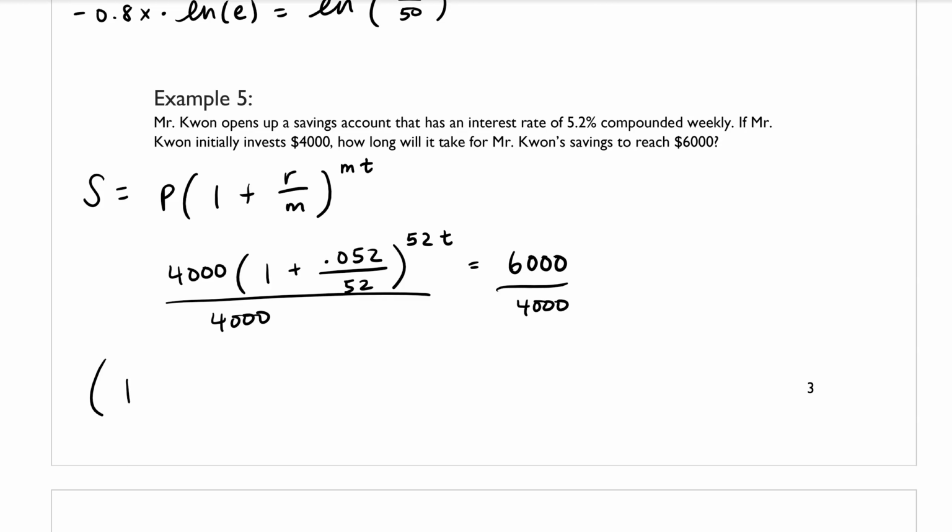And if I do that, I get 1 plus 0.052 divided by 52 to the power of 52t is equal to 3/2. Now I'm going to take the log of both sides, and I'm going to skip a step and incorporate the power rule for logarithms, just because it's a lot of writing.